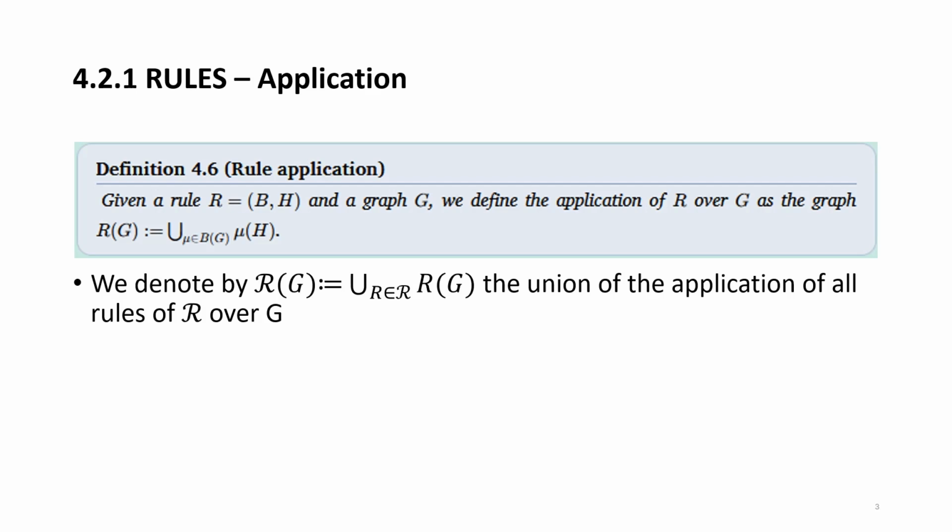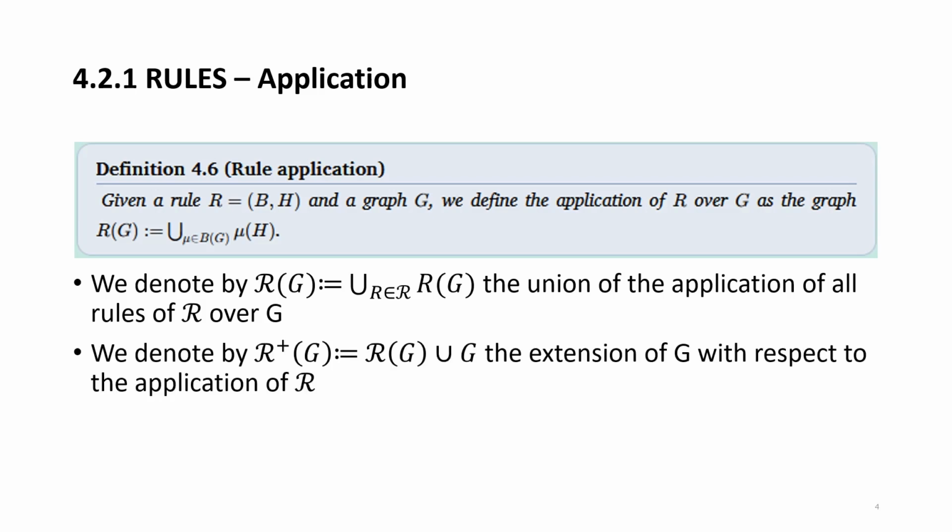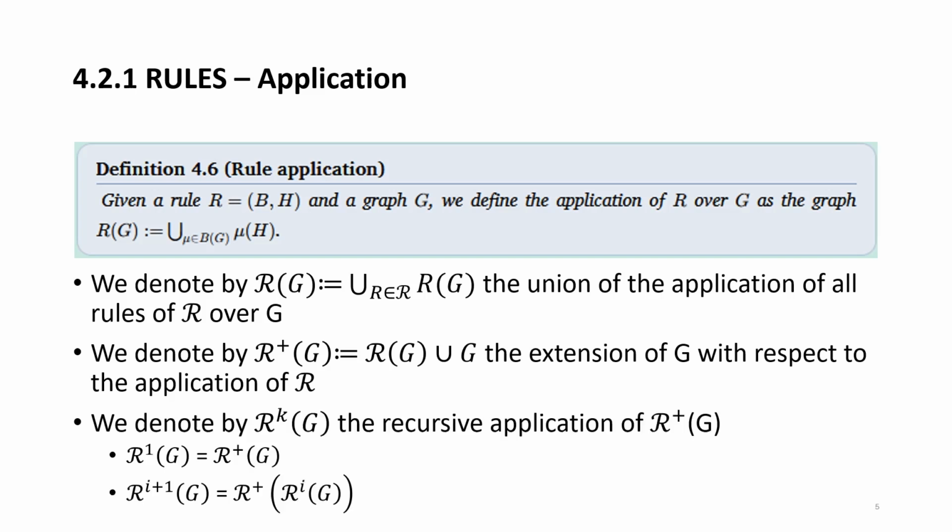Given that this curly R is a set of rules containing R1, R2, R3, and multiple rules, we can note that the set of rules over G is the union of the application of all rules of the set over G. We can go further, saying that R plus over G is the extension of G with respect to the application of R. As you can see, R plus would be R over G union G.